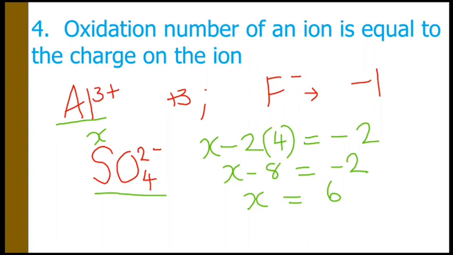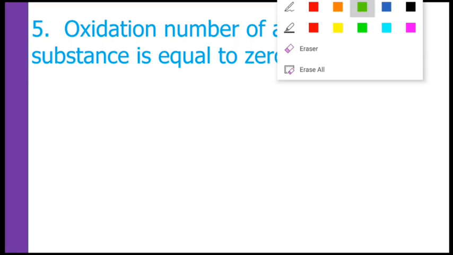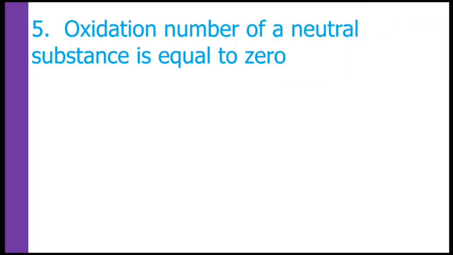All right. The last rule that we're going to talk about is that the oxidation number of a neutral substance is equal to 0. So if I had a neutral substance like K2CO3, if I add the oxidation numbers of all these atoms, they should be equal to 0.